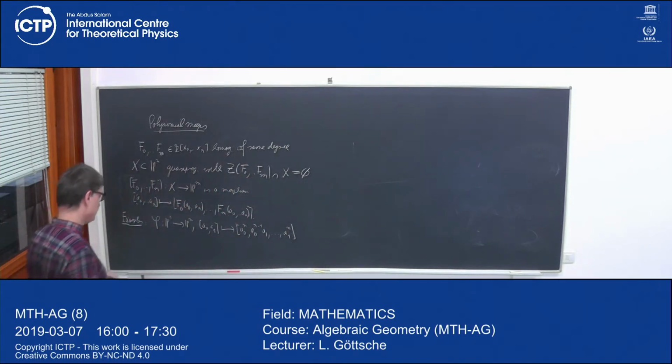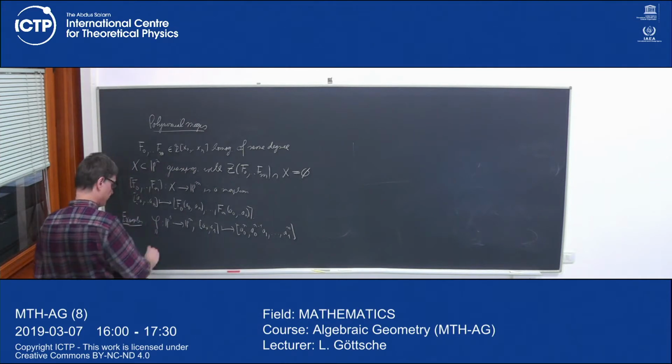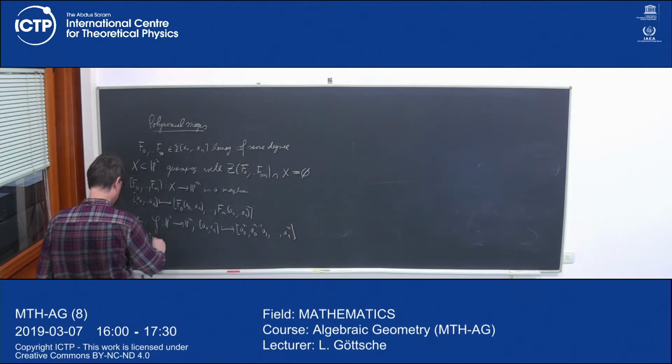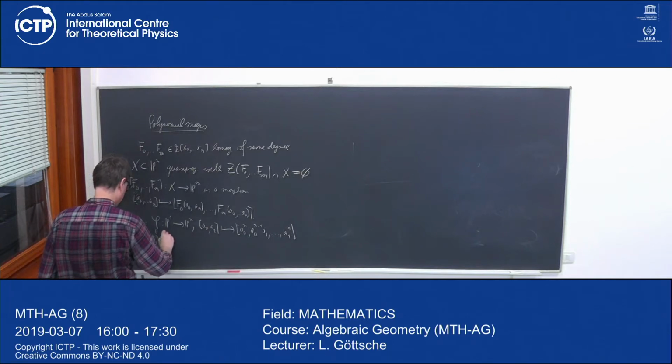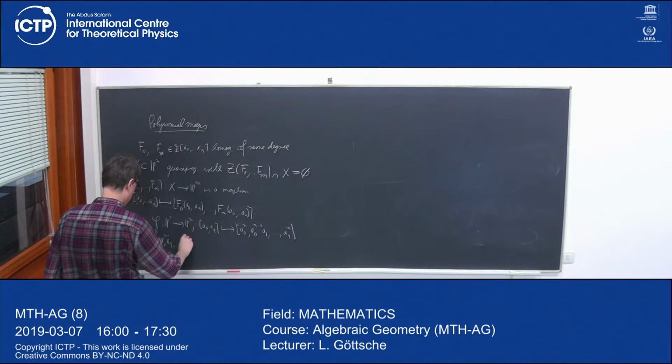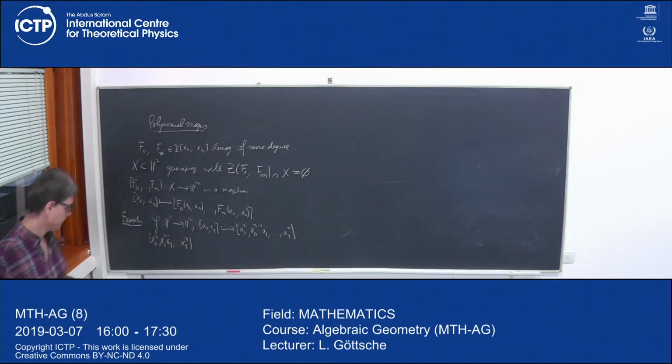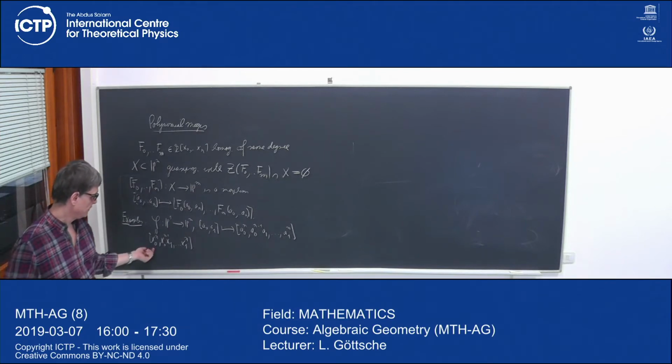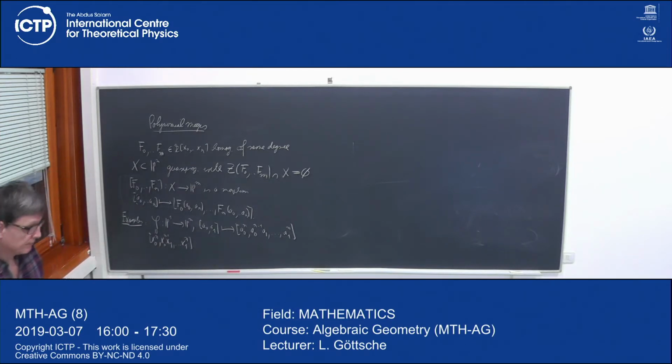This is a morphism because I can write it as a polynomial map. If x0, x1 are the coordinates, it's x0^n, x0^(n-1) x1, and so on, x1^n. And we see that obviously these don't have a common zero on P1.